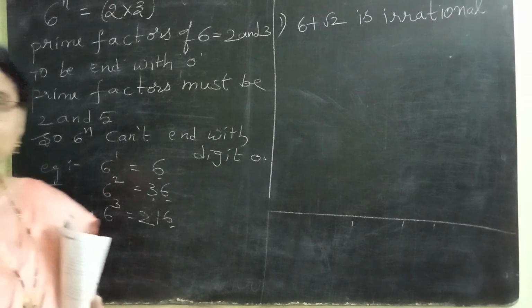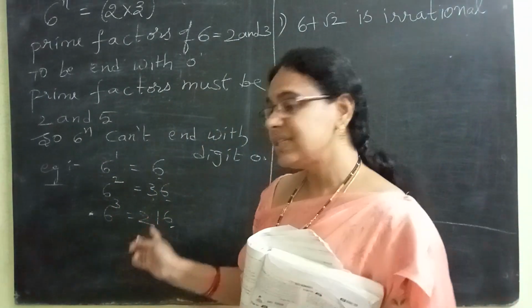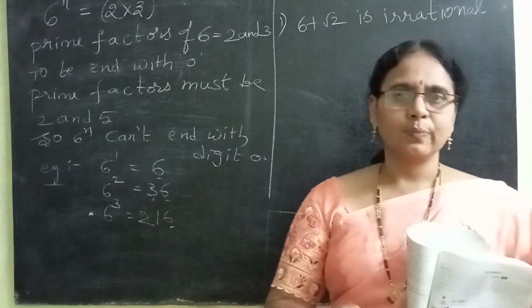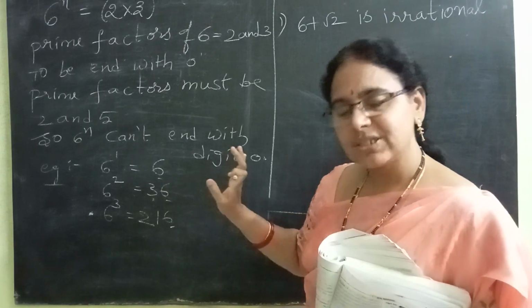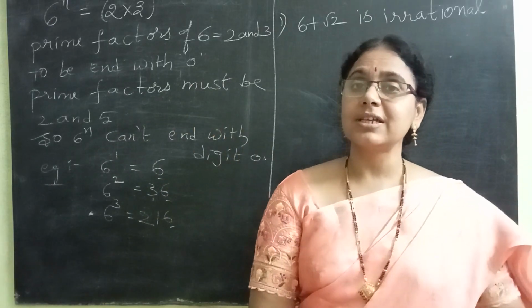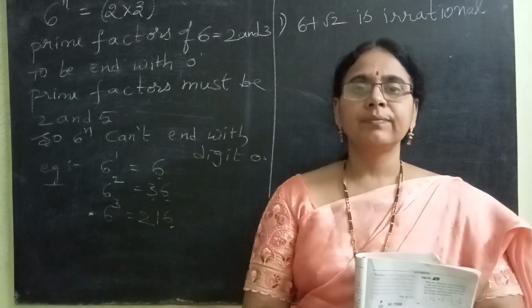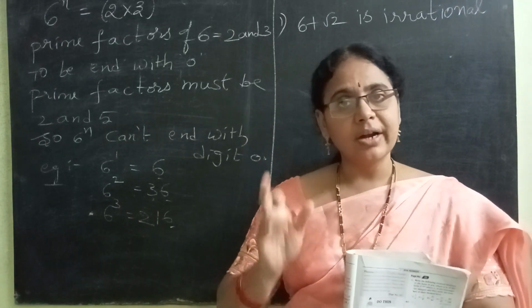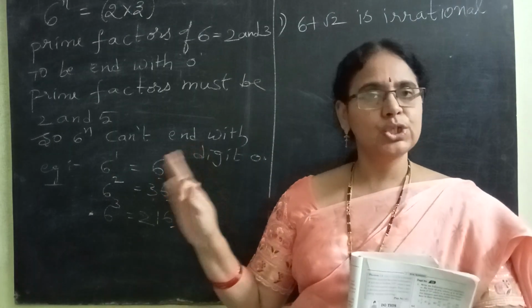But what is his question? Whether the unit digit will end with the digit 0. No, it is sure, but don't write only this, it is just an example. You have to write that the prime factors of the particular number must be 2 and 5. If the prime factors are 2 and 5, then only the unit digit ends with the digit 0.